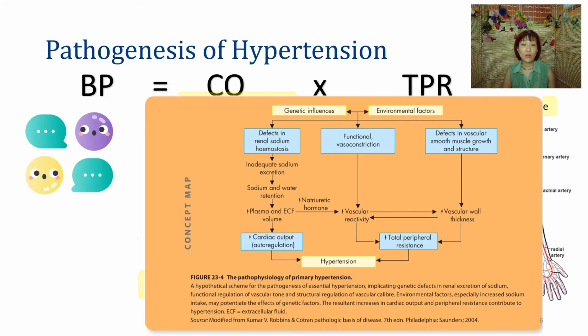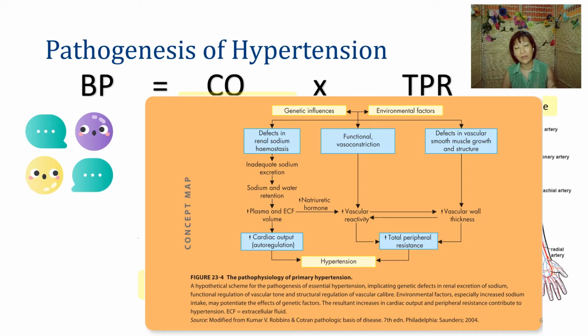Okay, so let's add on an additional concept, and we look at the schema over here. What's determined on the left-hand side is really the cardiac output, right? So we're talking about potentially defects in renal sodium homeostasis, whereby there's an increase in plasma volume and ECF, and that's why you get an increased cardiac output.